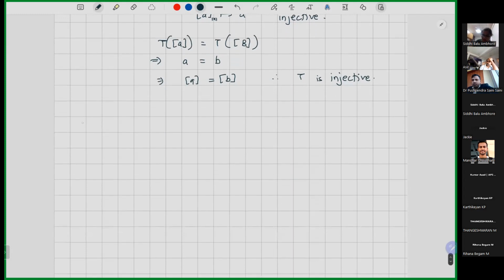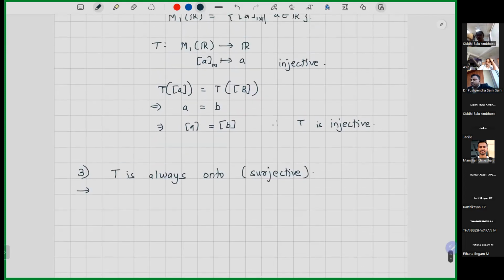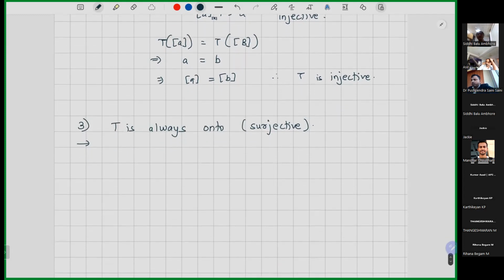Okay. So third, that T is always onto. Now they are asking about ontoness, or if you don't know what onto means, it means that T is always surjective. And what is your guess in this case? It is always surjective.